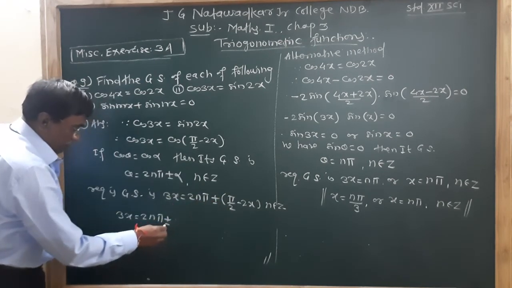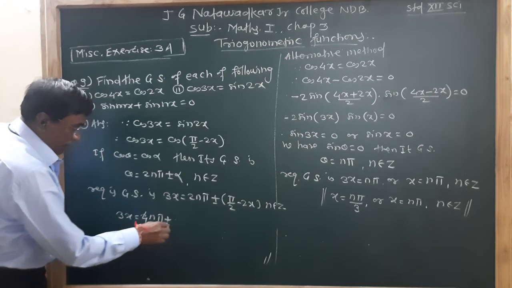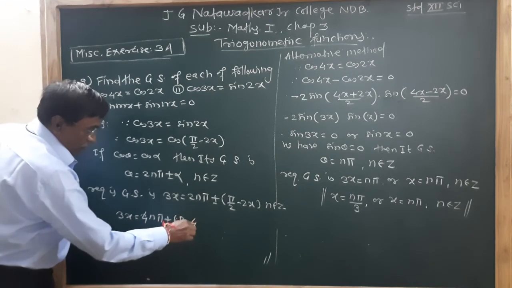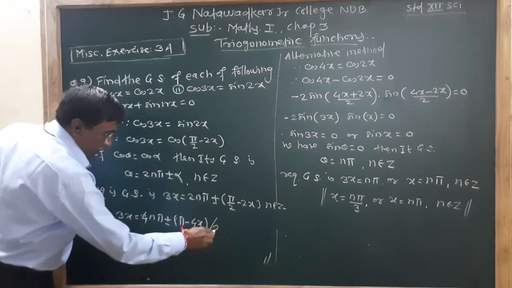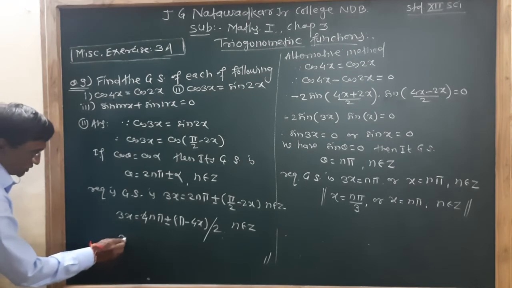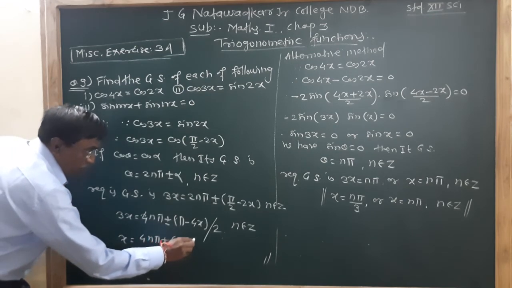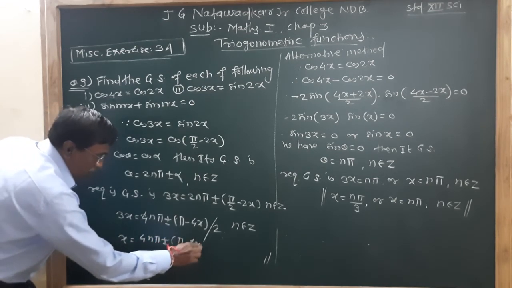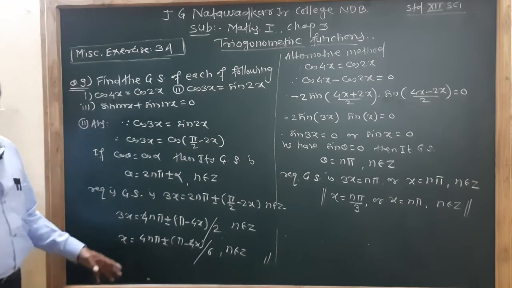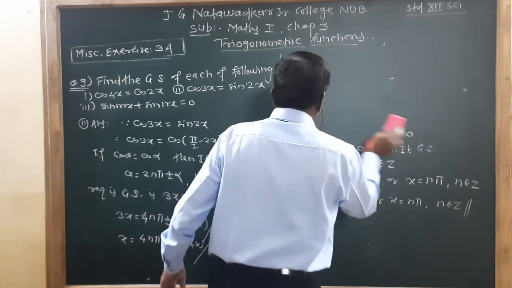Equalize the denominator, the common denominator is 4, so 2 twos are 4 n pi plus or minus (pi minus 4x), whole divided by 2, n belongs to Z. Similarly simplify: x is equal to 4n pi plus or minus (pi minus 4x), whole divided by 6, and n belongs to Z. Now separate the plus and minus sides and simplify, and you get the required answer. Understood, student? So this is the solution of the second equation.